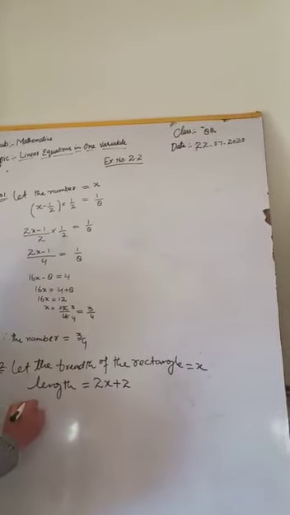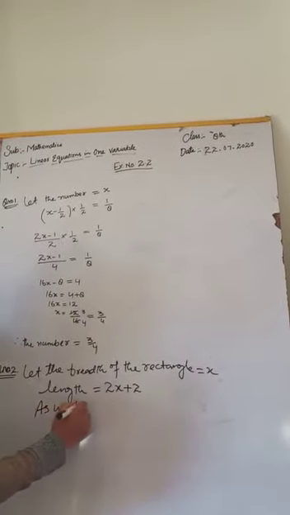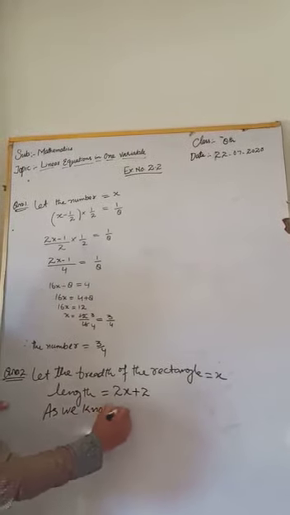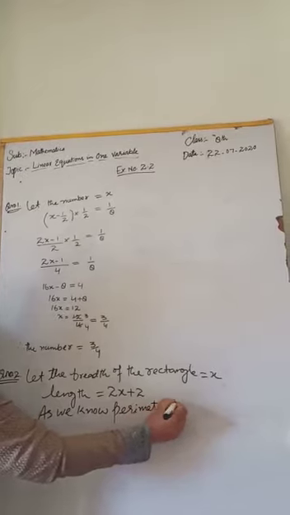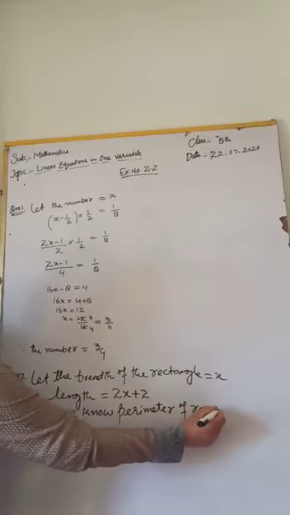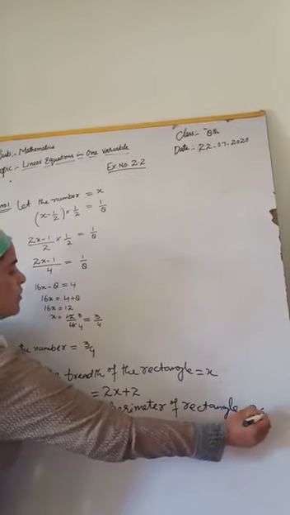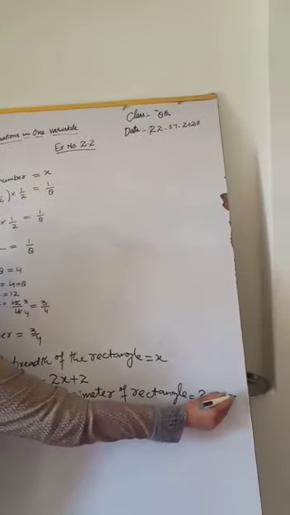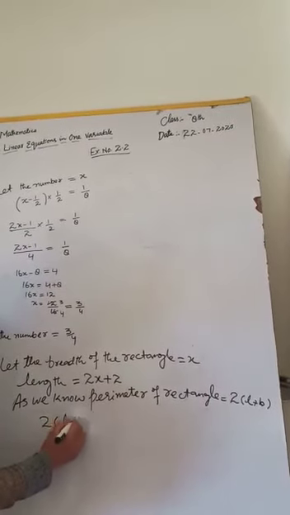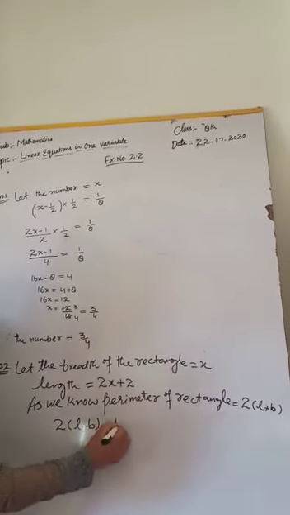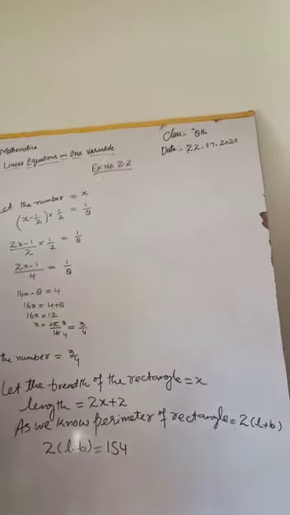Now according to the question, as we know, perimeter of a rectangle is equal to twice of length plus breadth. So twice of length plus breadth is equal to 154, because here the perimeter is given.